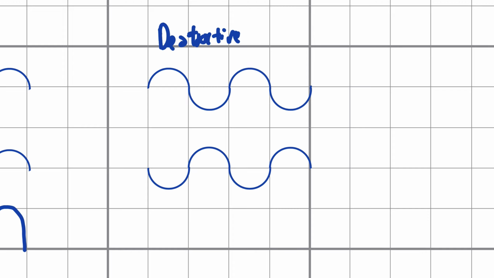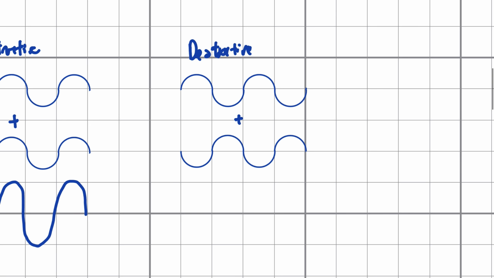If this wave plus this wave interact with each other, what do you get here? You will get the resultant here, and the wave will be like this.